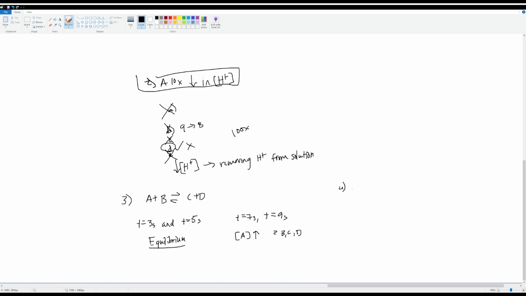So A, more of A was added. Well, okay, so if more of A was added at T equals 6, would we see the concentration of A continue to increase between T equals 7 and T equals 9 seconds? So in other words, if we increase the amount of A, would we keep seeing the concentration of A increase?